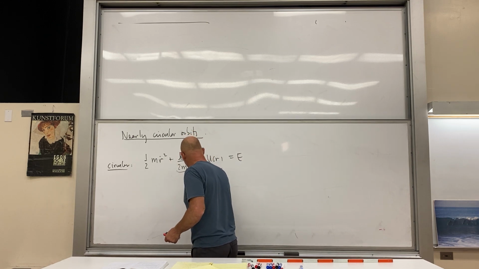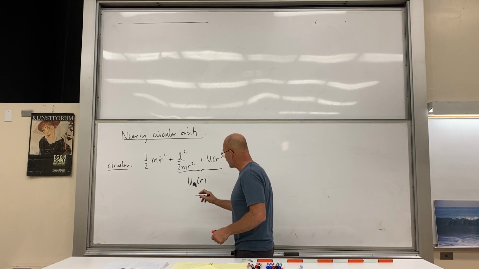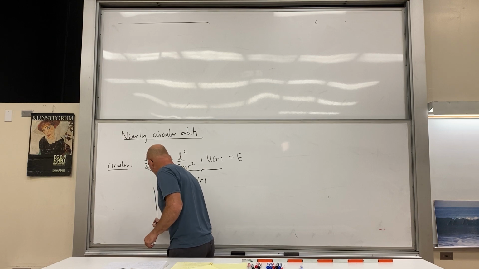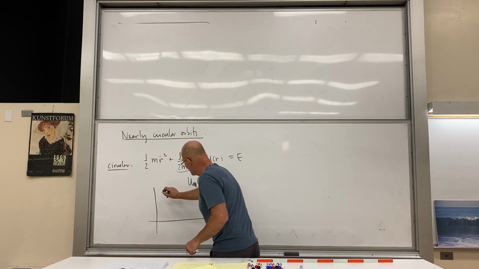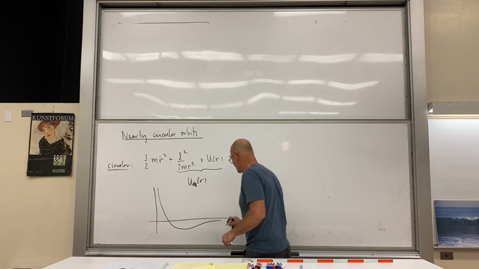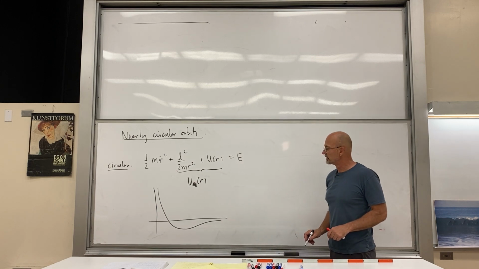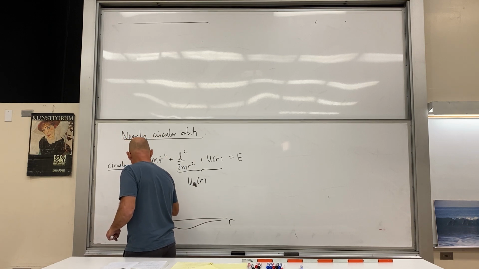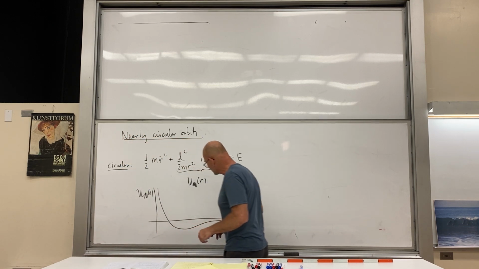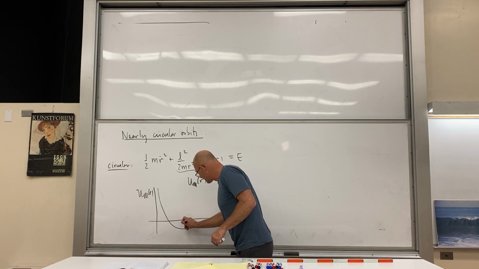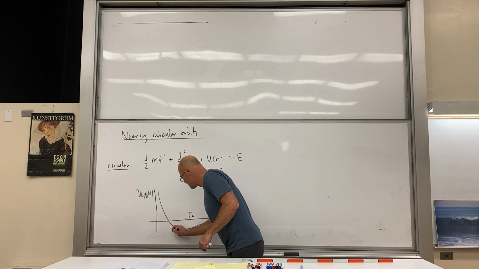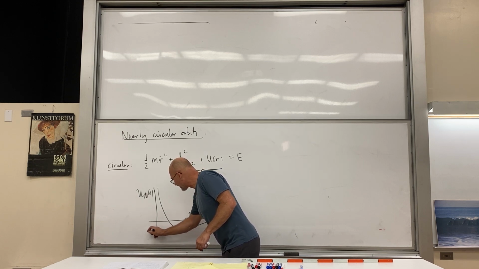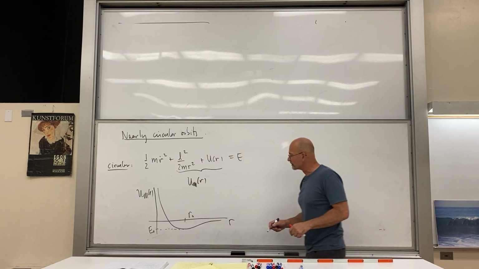This is the effective potential, and it has a very characteristic graph for the Newton potential. So I'll just call this U effective of R. And in particular, we know that it's at the circular orbits that the effective potential takes on its minimum. So I can call that E0 and R0 for the circular orbits.